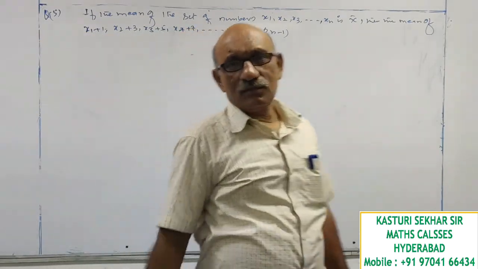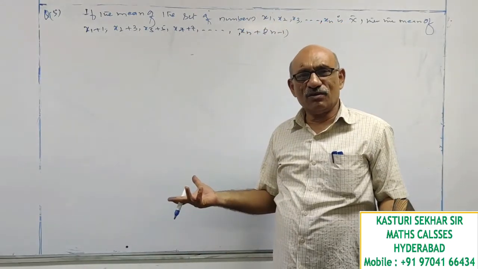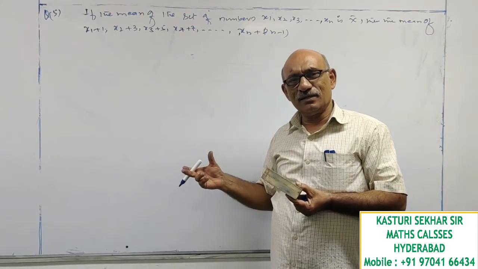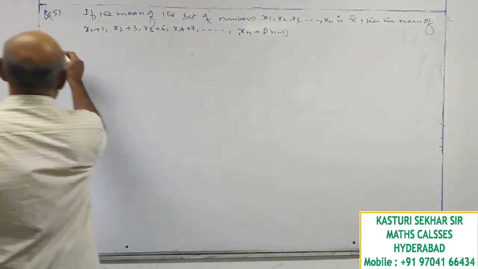Odd numbers I am adding. I know the answer straight away. The required answer is equal to the mean of x1, x2, x3, etc., xn plus the mean of odd numbers. See the solution.